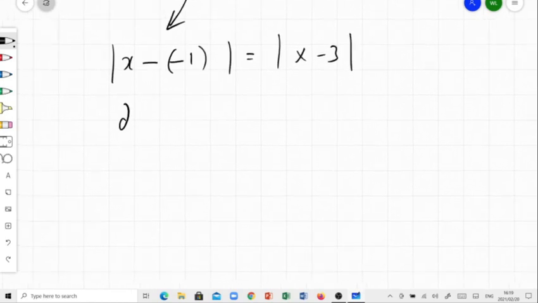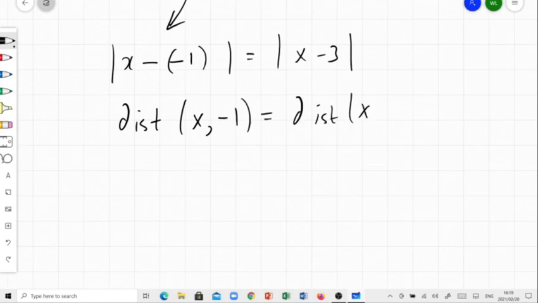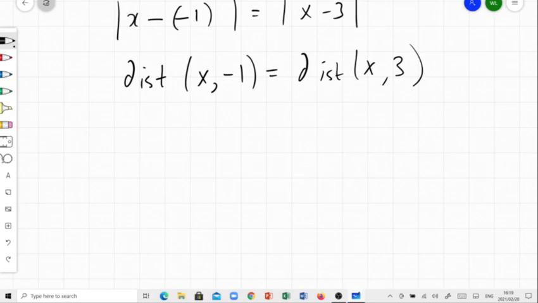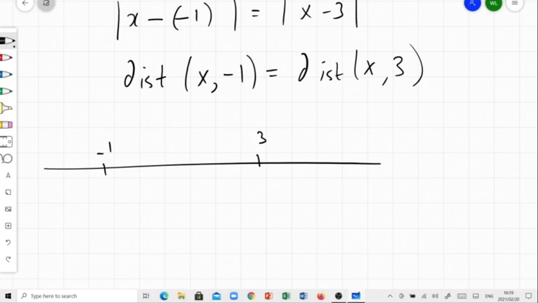So this is saying that the distance between x and minus 1 must be equal to the distance between x and 3. If I draw my number line, here is minus 1 and this is 3. So I need to find points which are exactly the same distance from minus 1 and 3. Notice that the distance between 3 and minus 1 is 4, which means I must be halfway between the two to be equidistant.